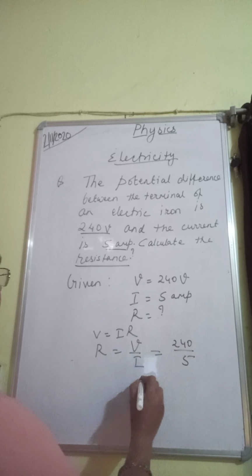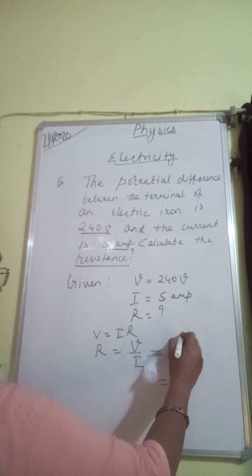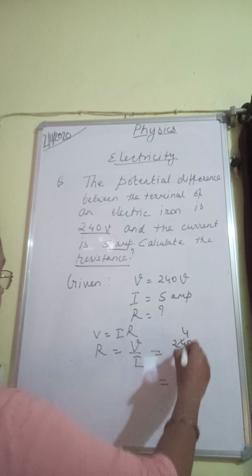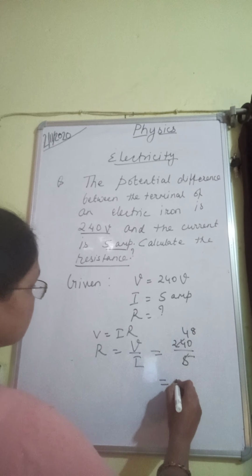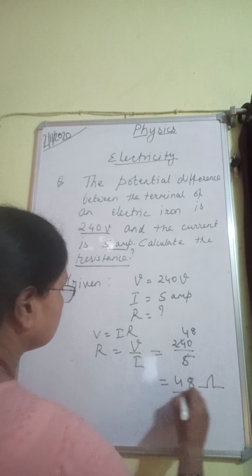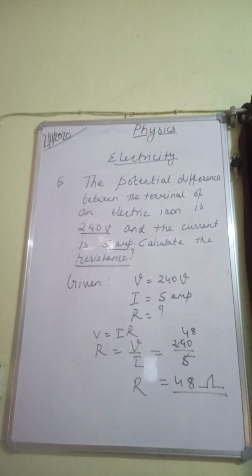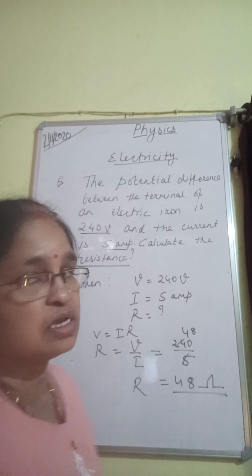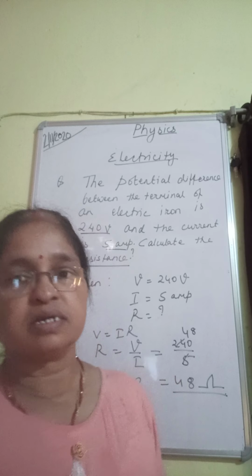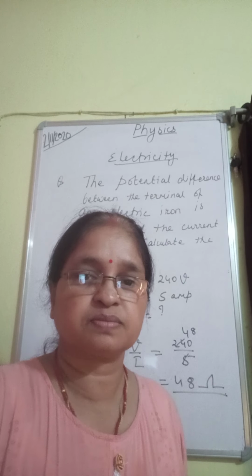So when you calculate this, you will get 48 ohm. So the value of R we have got is 48 ohm. Like this we can calculate different questions. So one more question I will show you.